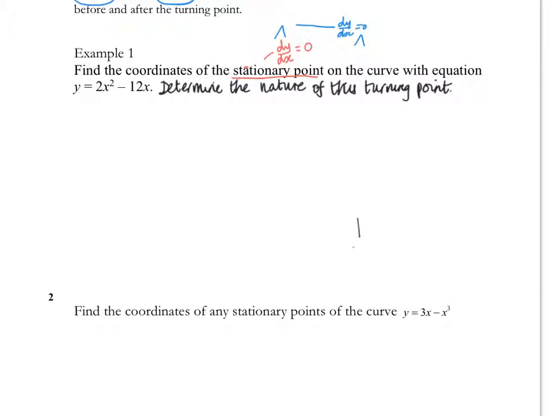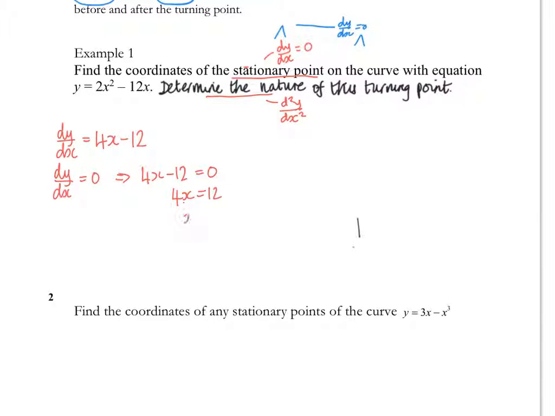So if we have to also determine the nature, then we're going to have to look at d2y by dx squared. So let's first of all work out dy by dx is equal to 4x minus 12. And for stationary points, dy by dx is equal to 0. So that implies that 4x minus 12 is equal to 0.